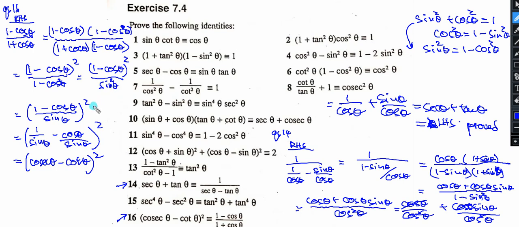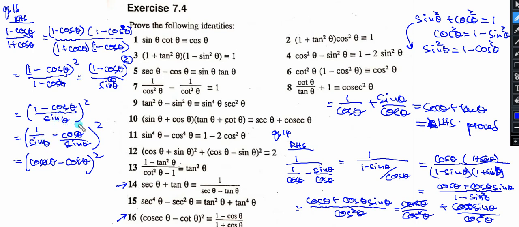Okay, now after that, you see here you have a square, here you have a square. So you actually can combine the terms inside, I mean the base for both. So what you do is you take out the common power, which is 2, and then group together. Now you have 1 minus cosine theta divided by sine theta, and then you split them.